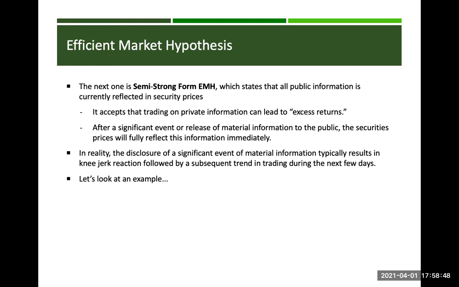And so it accepts that trading on private information, material, non-public information, which is the legal term for it, can lead to what are called excess returns. Returns in excess of what you should get if everything is trading on the same Sharpe ratio, which it would be in an equilibrium state.